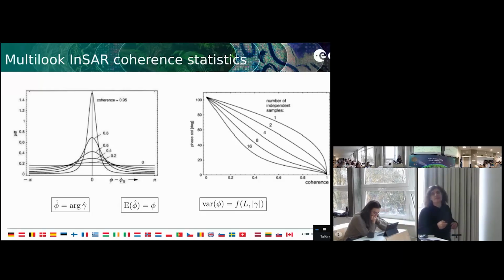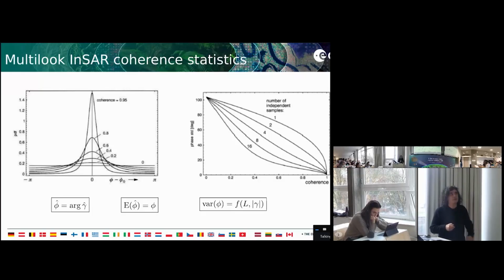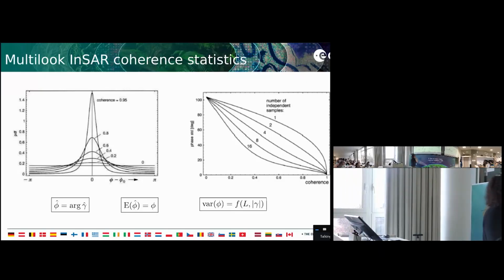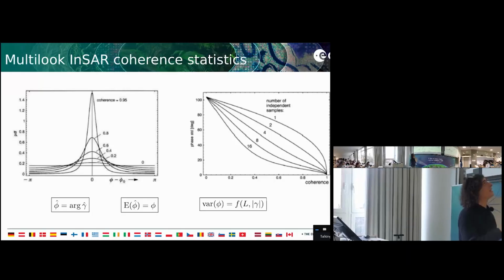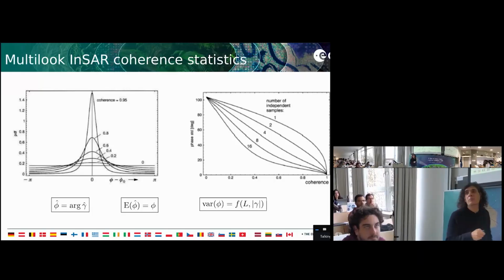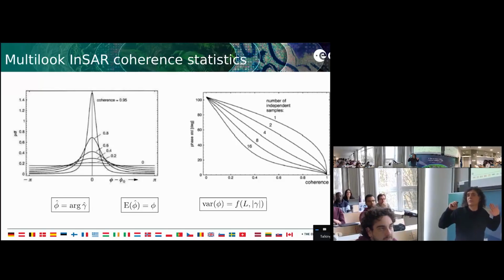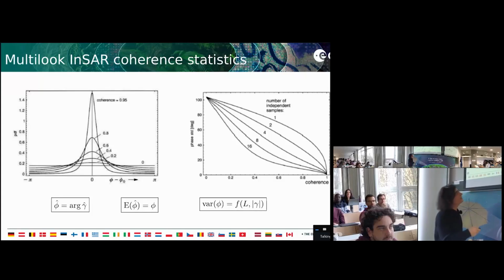So this tells you that the quality of the phase depends on the modulus of the coherence. Good. And this is shown here, of course, is how this changes with the number of samples you use to compute the coherence. If you just take the interferogram and you don't average it, you make no speckle filter, then this is the relationship you have.